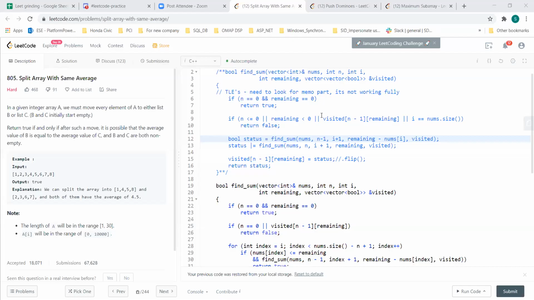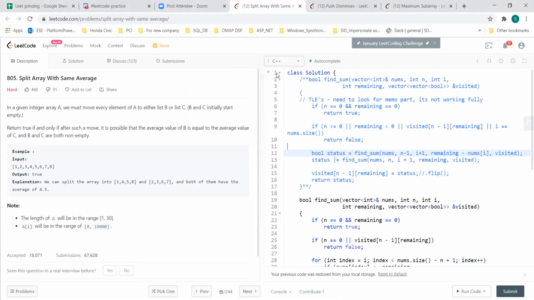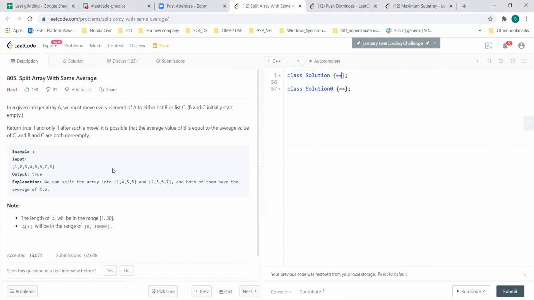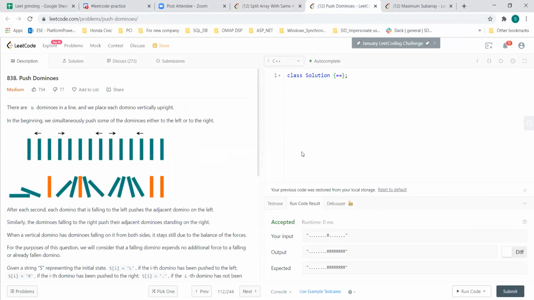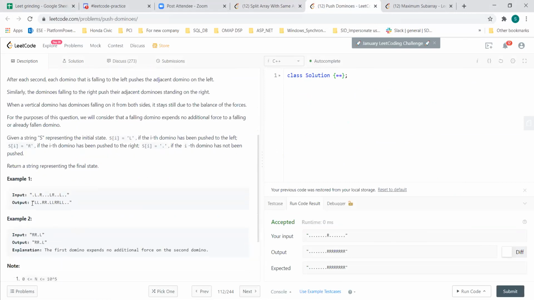Okay, so let us see what. The Dominoes, right? Okay. Yeah, so this one actually.